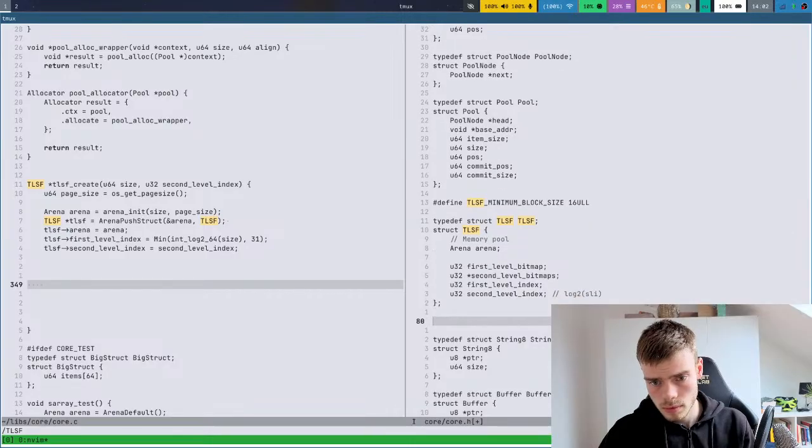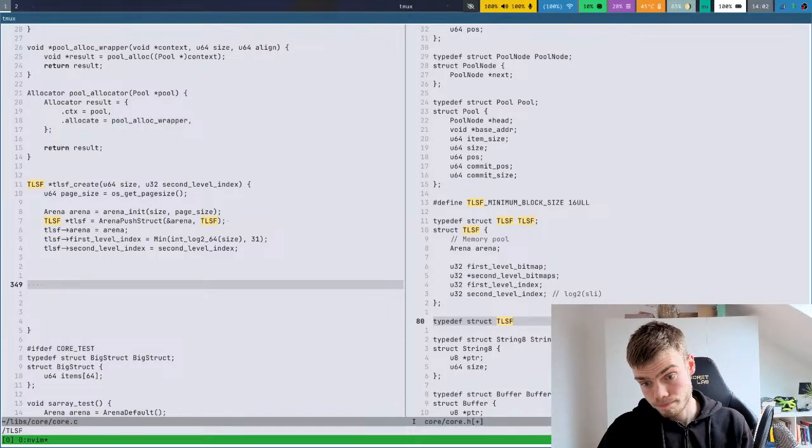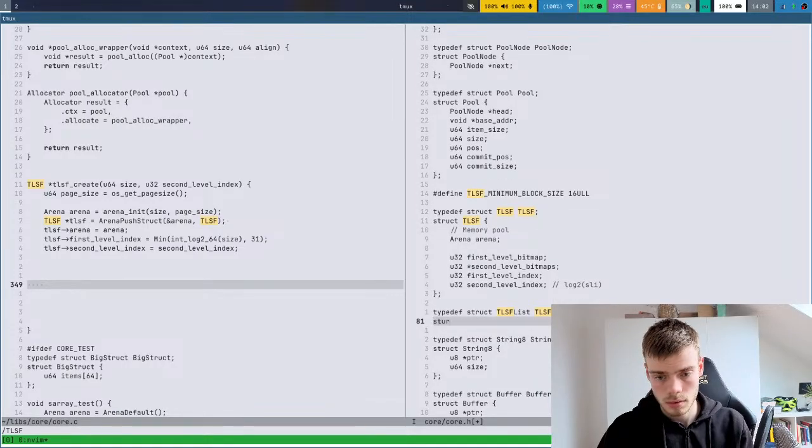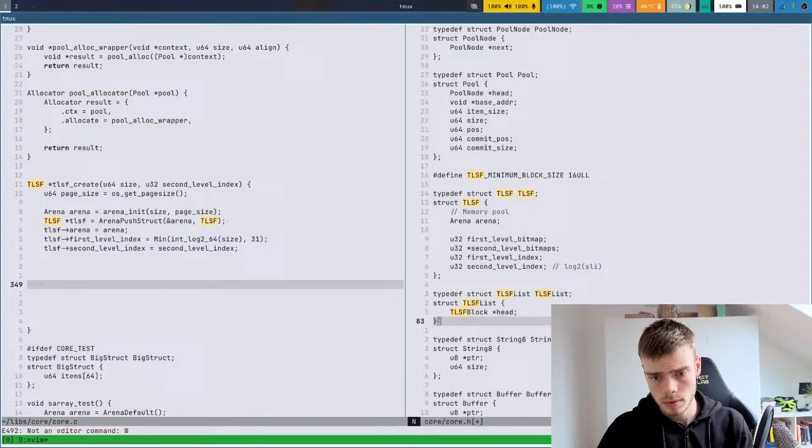So typedef struct TLSF list. And it has a free block or a block head.